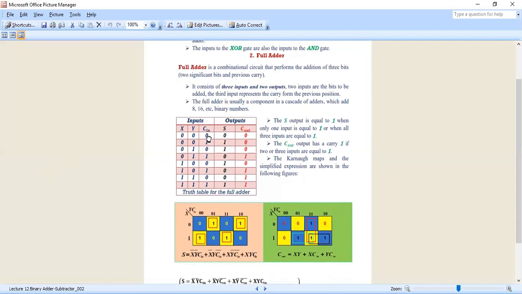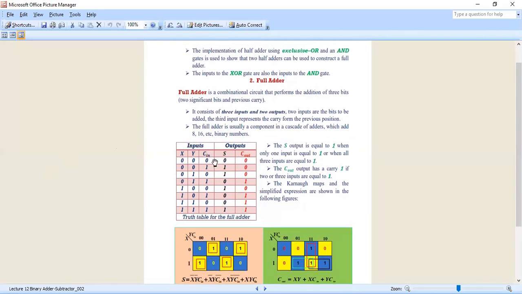It represents the addition of the previous two inputs and its output. So carry in is one of mainly 3 inputs. 2 inputs are the bits to be added. The third input, that is Cin, represents the carry from the previous position.